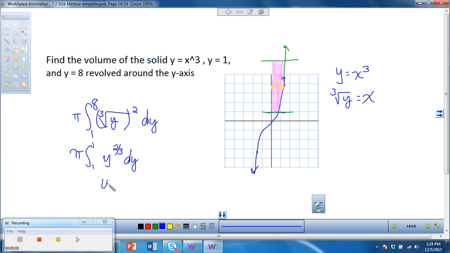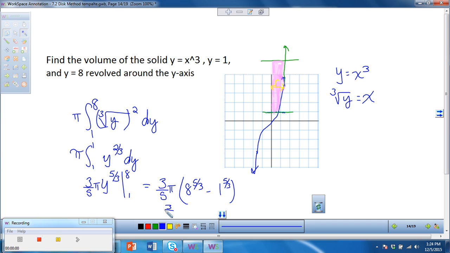So the integral of y to the 2/3 is 3/5 y to the 5/3, times pi, and I integrate from 1 to 8. We have to use a little bit of algebra here. If I'm going to do this without a calculator, this gives me 3/5 pi times 8 to the 5/3 minus 1 to the 5/3. 8 to the 5/3 is the cube root of 8, which is 2, and 2 to the 5th is 32.